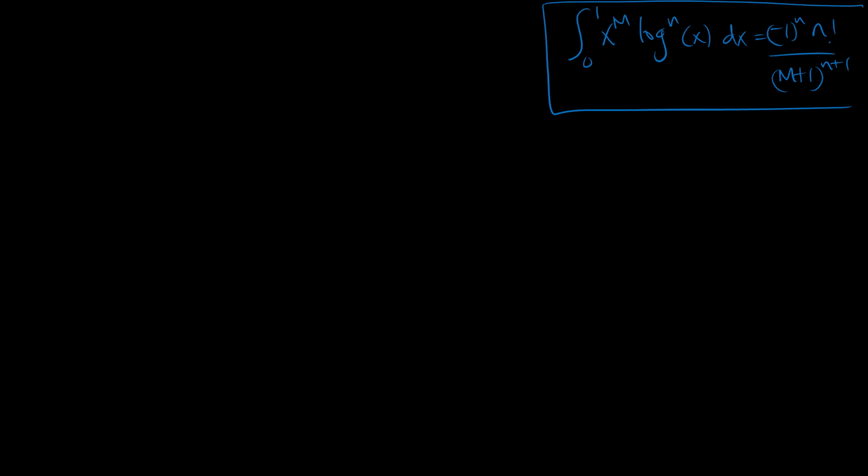And what was our problem? And by the way, before we even embark on the problem, we're going to write what we've found: that an integral from 0 to 1 of x to the power m log to the power n of x is equal to negative 1 to the power n, n factorial over m plus 1 to the power n plus 1. So this would be in a square somewhere, right?